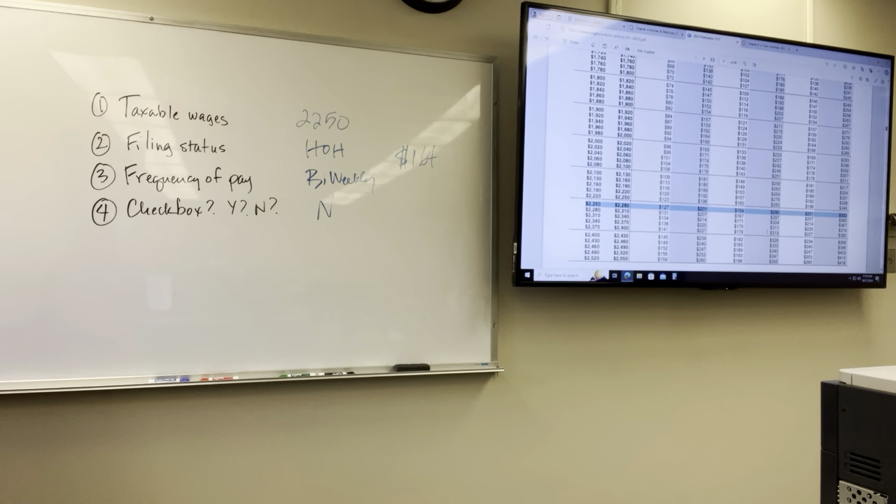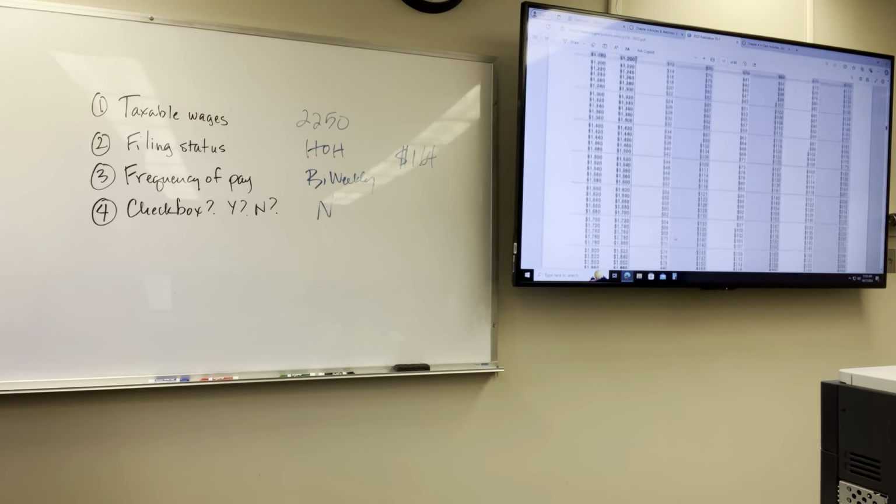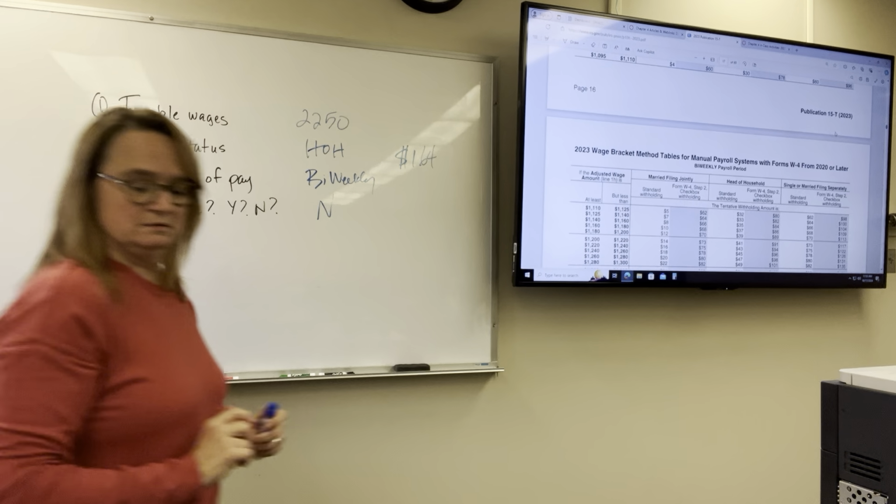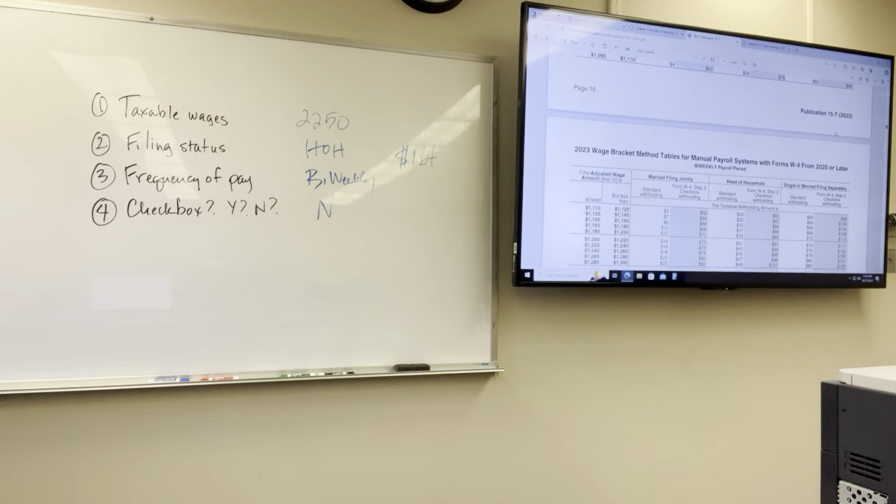On mine it's between 2245 and 2270. Let me take a look at which table you're using here. Okay, so bi-weekly.